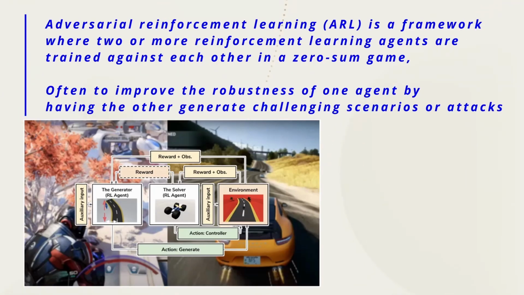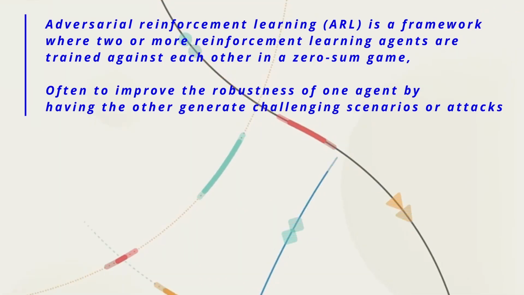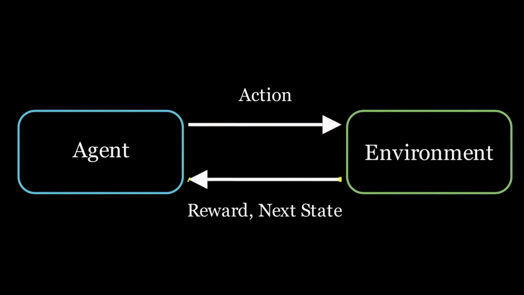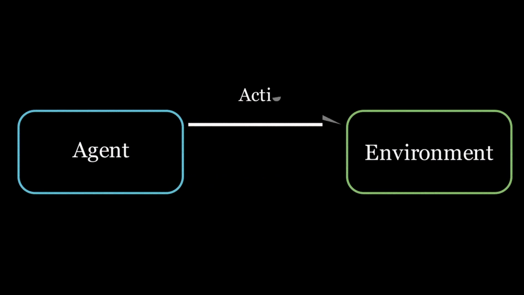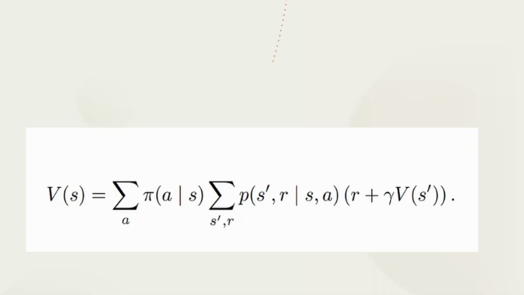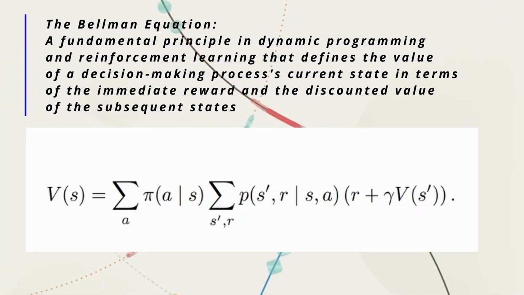So building on that policy idea, if a reward is like a single paycheck you get right now, then the value function sounds like it's more about the long game, like a financial forecast for the next decade, the total expected reward down the line. That's a great way to put it. It's this forward-looking perspective. It's often formalized by something called the Bellman equation, which is really the backbone of many RL algorithms. Why is it so central?